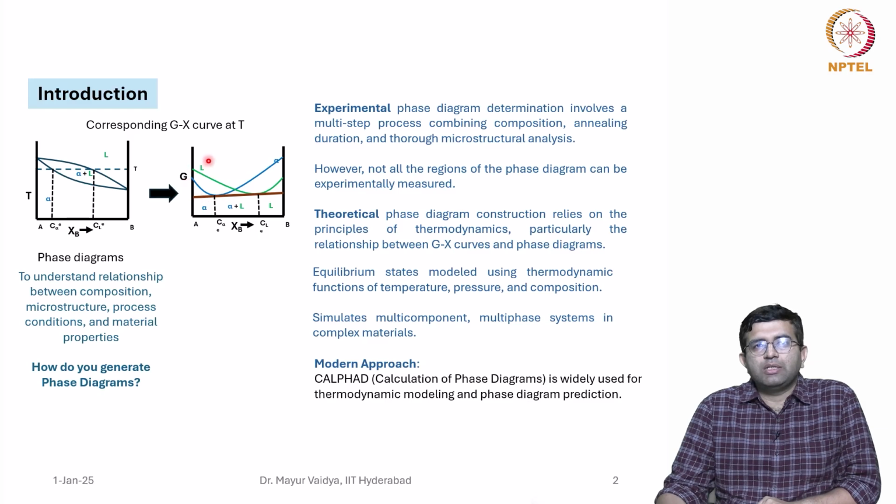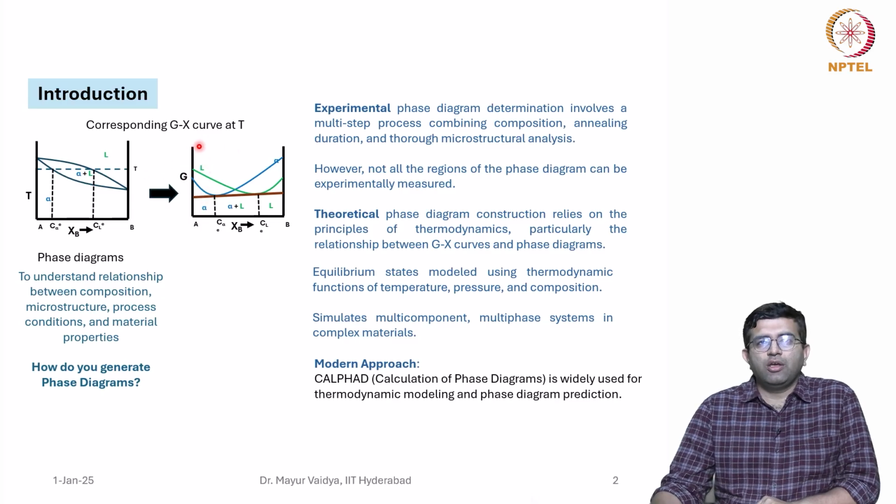For example, let us say if you are somewhere in this regime and you draw a vertical line here, the free energy at this composition is lower for alpha than for the liquid. So, here therefore, you have the alpha phase as the stable phase.